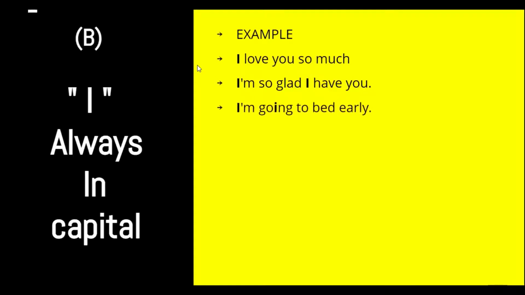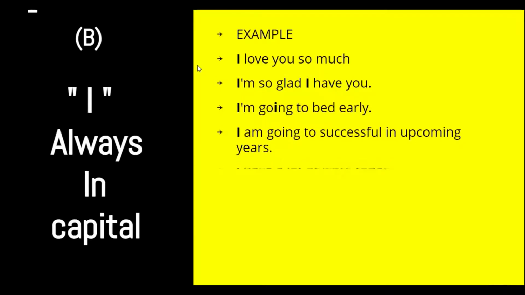I am going to bed early. Here I am, I is capital, and going to is not the first word, so it is in small letters. I am going to be successful in the upcoming years. Here I is capital. I have a lot of work today.